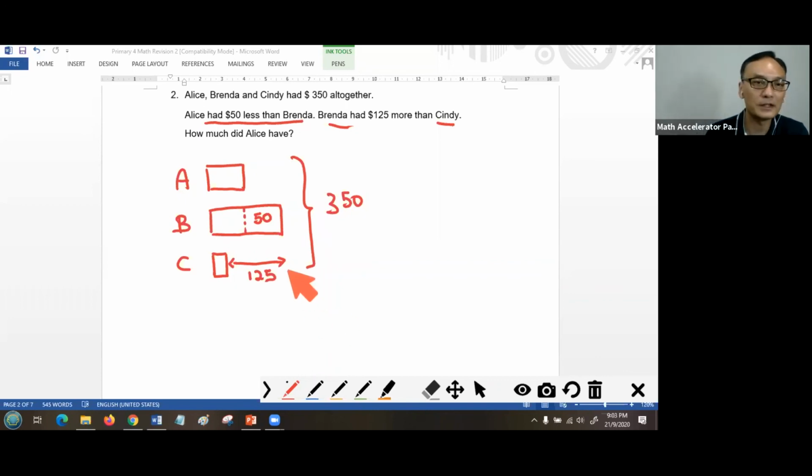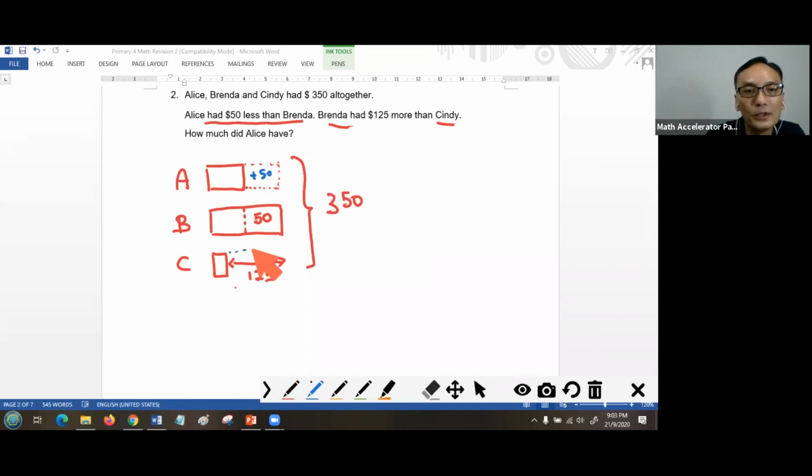So the very first thing that we need to do is fill in the gap, right? We need to find how much Alice has. So we need to add. We need to make all this into whole units. So here we need to add 50.